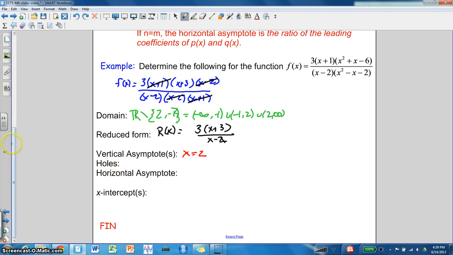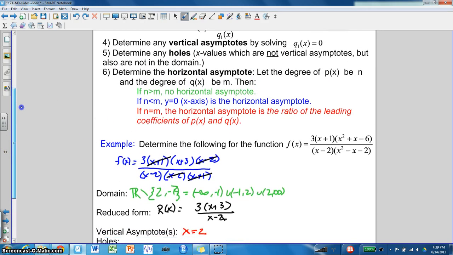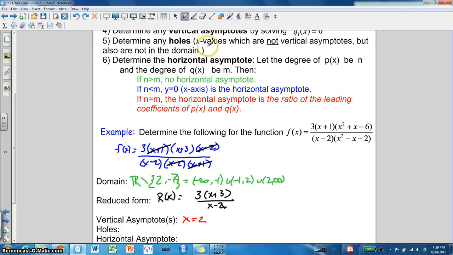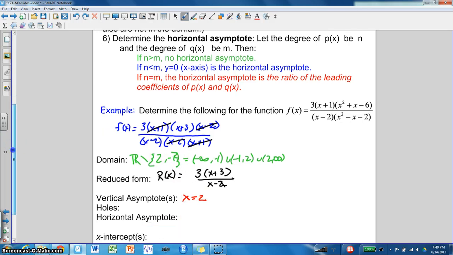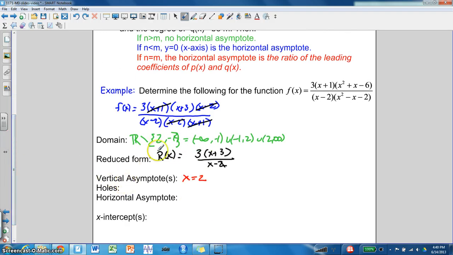Holes, okay, let's go up and refresh our memory on what holes are. Holes are x values which are not vertical asymptotes, but are not in the domain. In my domain, I had to exclude 2 and minus 1. 2 was a vertical asymptote and was excluded. Minus 1 is the only other value that I had to exclude from my domain, but it's not a vertical asymptote, so therefore it's a hole.